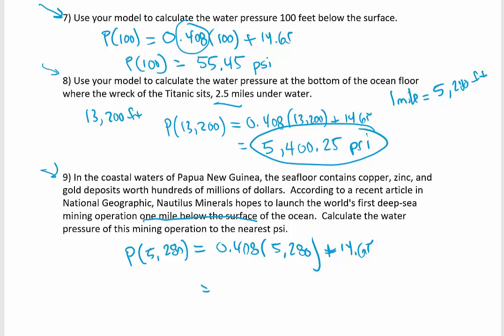So we're going to take 5,280 feet times 0.408 and then add to that 14.65, and we get 2,168 or 69 PSI if we round it to the nearest PSI. Now in either of these cases, 5,400 PSI or 2,169 PSI, that's an intense amount of pressure, and certainly not a pressure that a human being can withstand. So we're going to need some serious equipment and some serious submarines to go down to those depths.